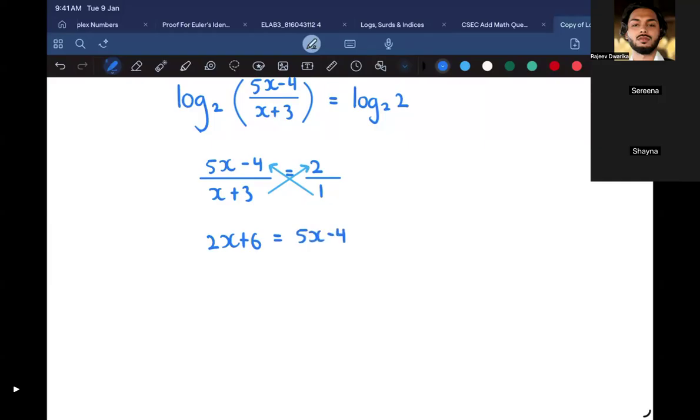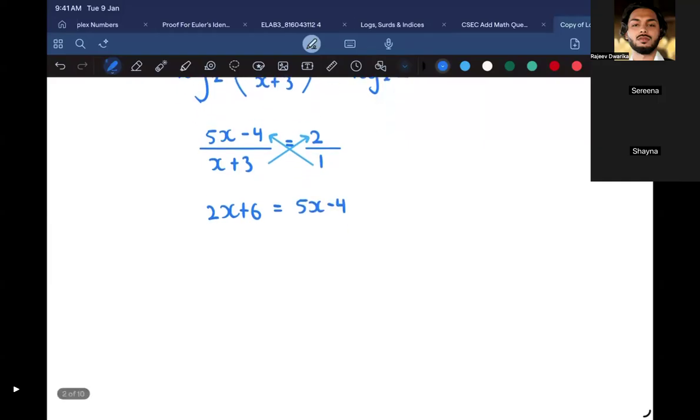Right? And then I would move across all x terms to the left-hand side. See this 5x? I'm going to move across this 5x. See that plus 6? I'm going to move across that plus 6. So I'm going to end up with 2x minus 5x, and that would be equal to what? Tell me, Serena.